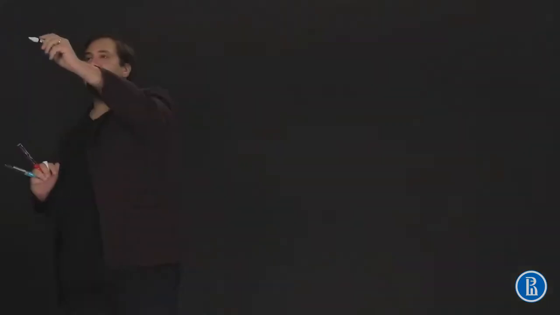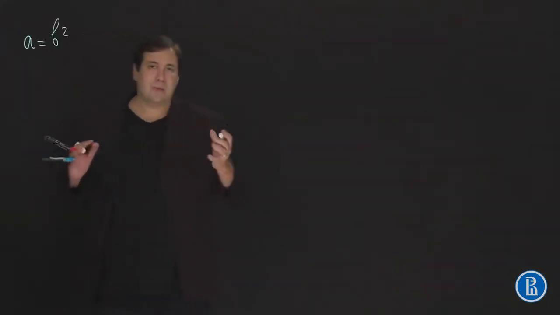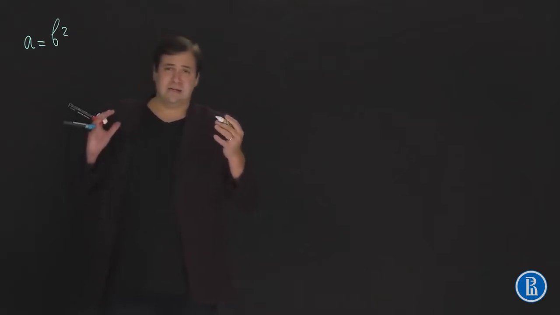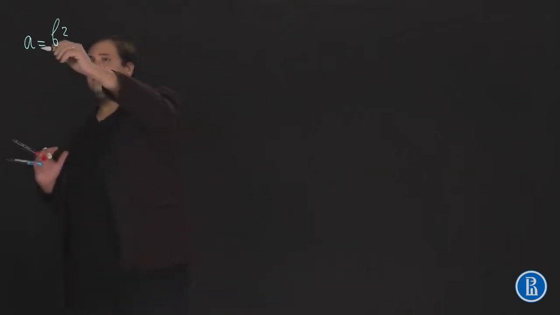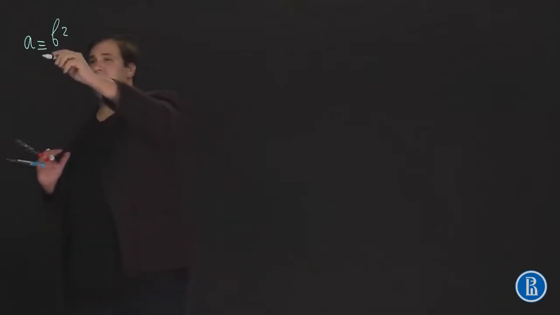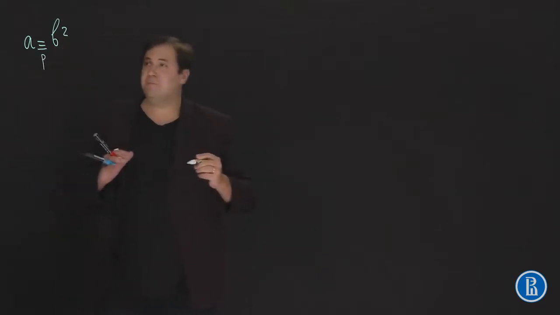We're dealing with quadratic remainders, and in this video I would like to discuss Euler's Criterion. First, notice that if A is a quadratic remainder, we can write that A is equal to B squared, but we assume that A is congruent to B squared modulo P, where P is a prime number.